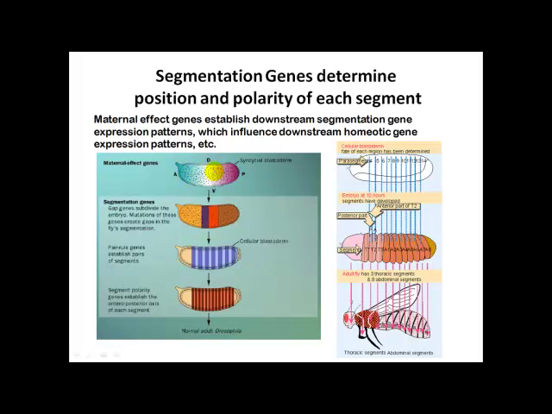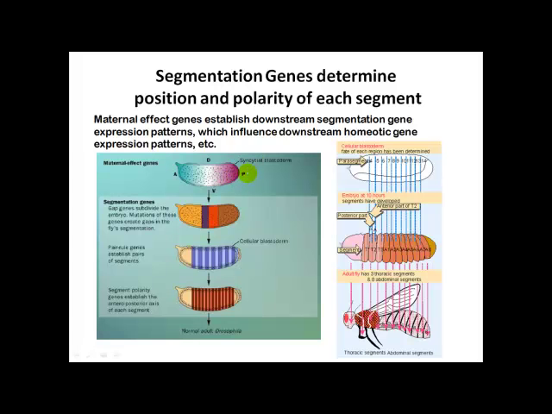This is a result of mitotic division without cytokinesis, so that we have one cell cytoplasm with many nuclei within it. And each of these nuclei is being exposed to a different concentration of bicoid and nanos protein.